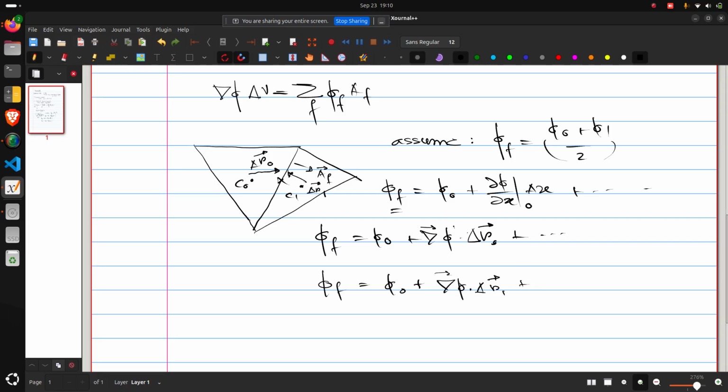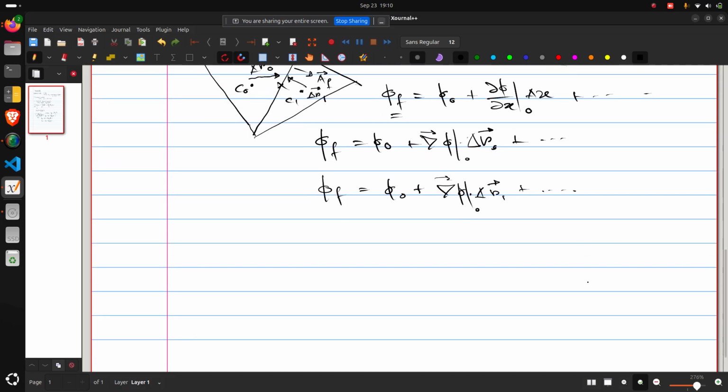And these gradients will be computed at the cell centers. Okay, so we have the value here. Now what we can do is just add these two equations. Let this be equation 1 and equation 2. We add 1 and 2, and what we get on the left hand side is 2 phi f, and we just divide by 2 on the right hand side.